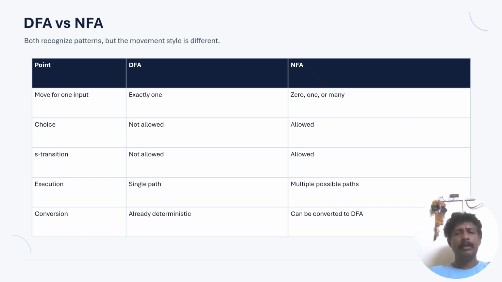In a DFA the machine follows one single path; in an NFA the machine may have many possible paths. But one important point: both DFA and NFA have the same power. Whenever an NFA accepts a language, some DFA can also accept the same language. This is why we learn NFA to DFA conversion.